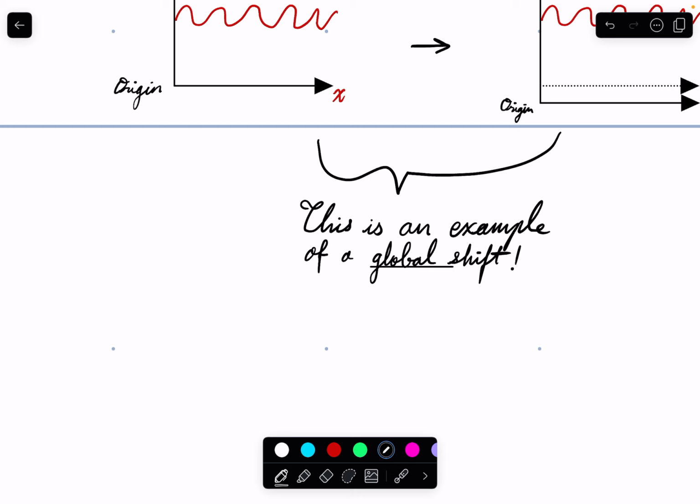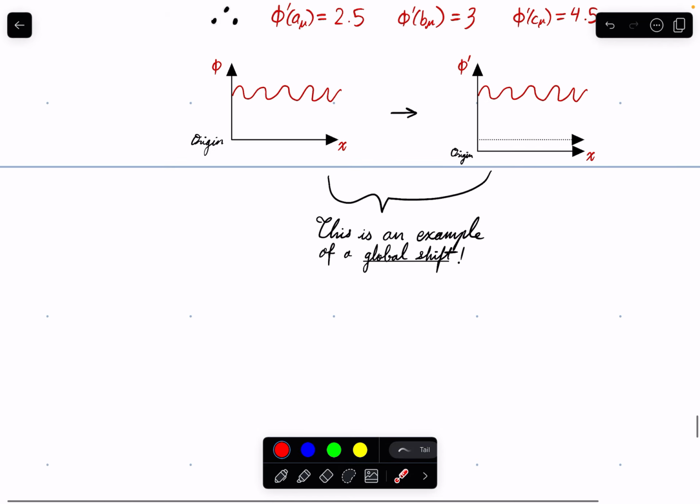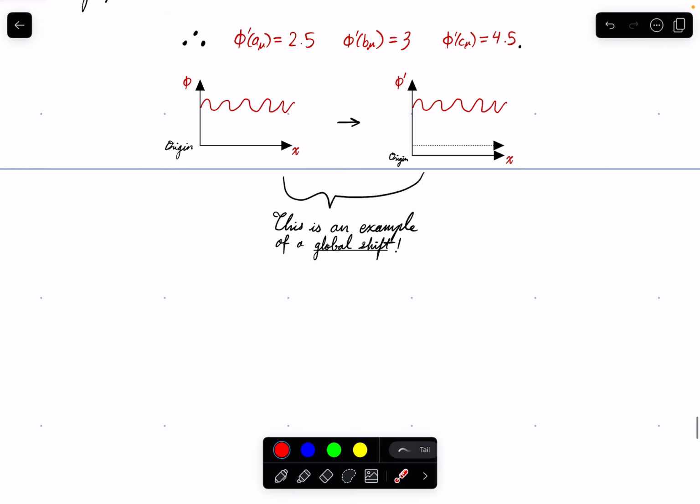So emphasis on global. This is called a global shift because it is applied everywhere in space. So at every point in space, the origin is moved down by the same amount. So it's global since they are applied equally everywhere.